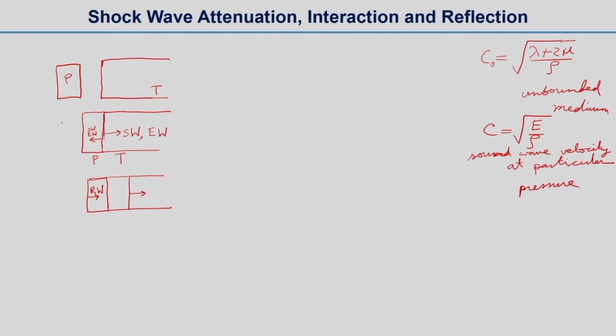So, this is our impact interface, impact plane. We know this is our target, this is our projectile, and we have the shock waves and even elastic waves ahead of it, but we are not showing it. So, this is a very high pressure zone.